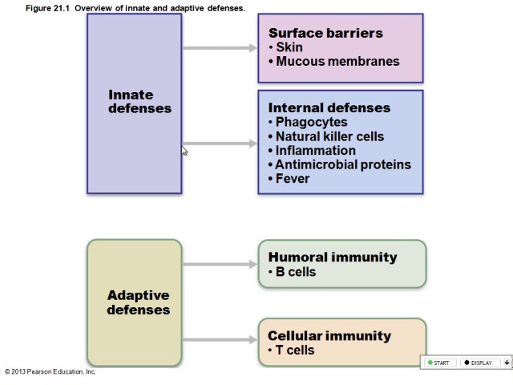So your skin is the beginning of that. It covers you and protects you from all of the nasty little critters that are outside your body. So when we talk about innate defenses, non-specific, we begin with the skin and the barriers it sets up.